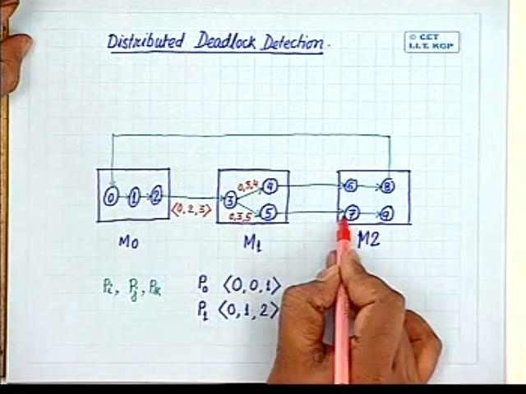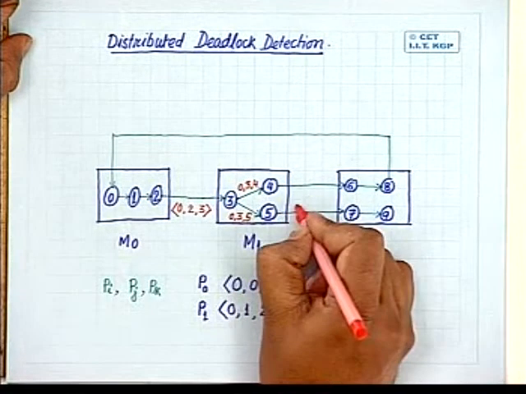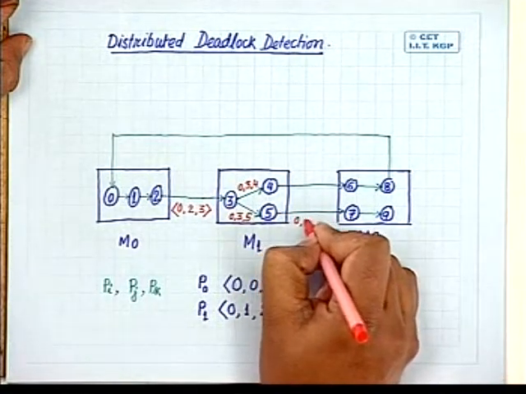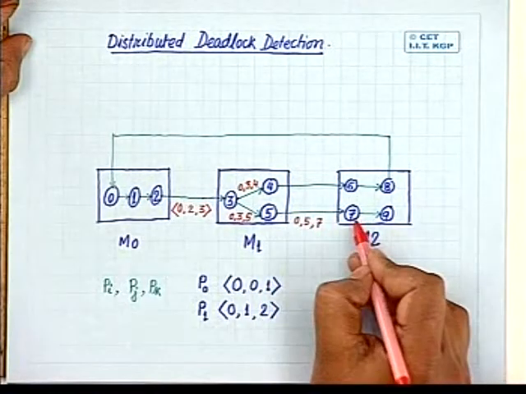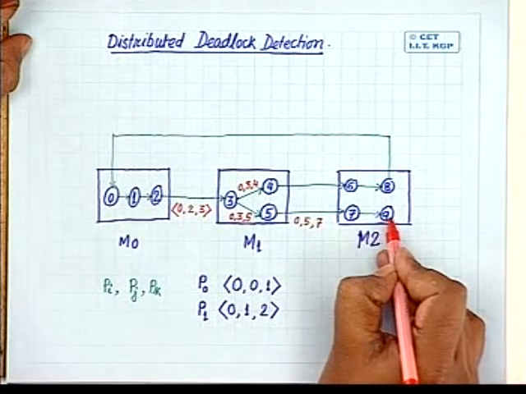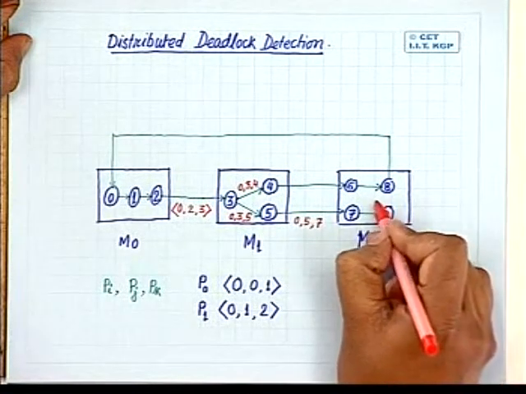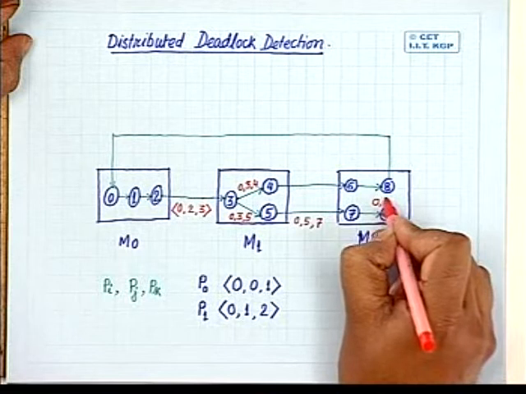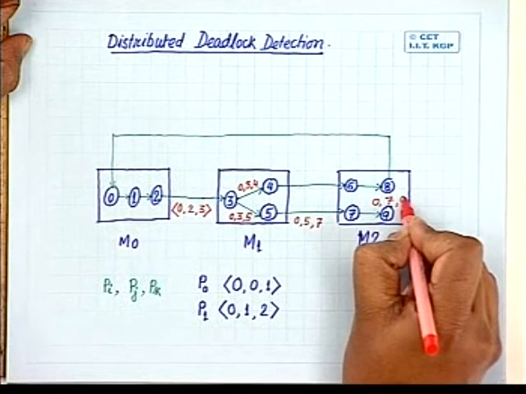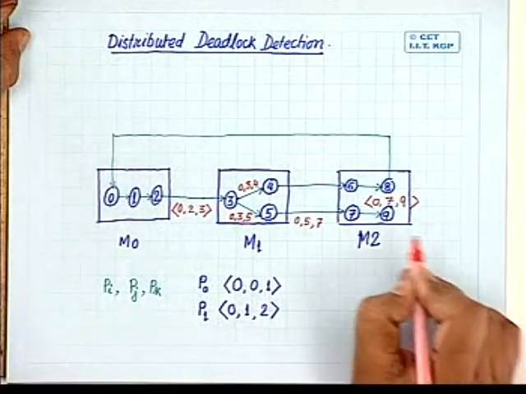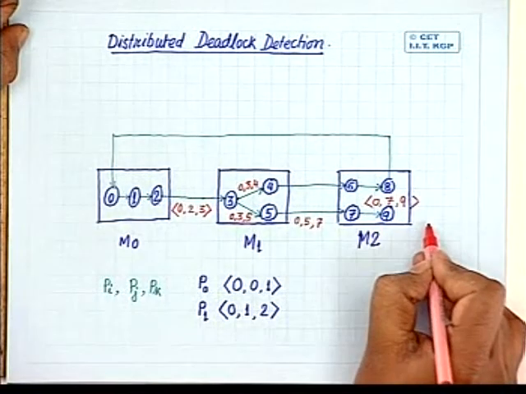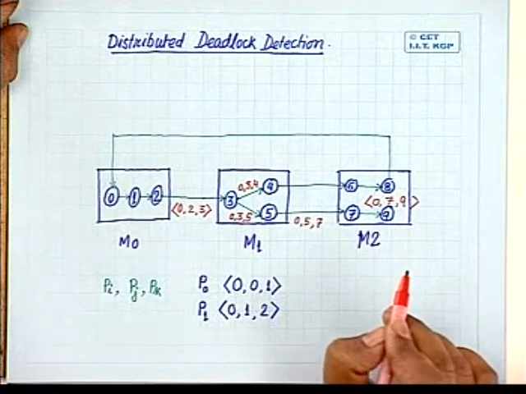Process 5 will send a message to process 7 having components 0, 5, 7. Process 7 will send a message to process 9 having components 0, 7, 9. After that this message cannot go anywhere because process 9 is not waiting for any other process.